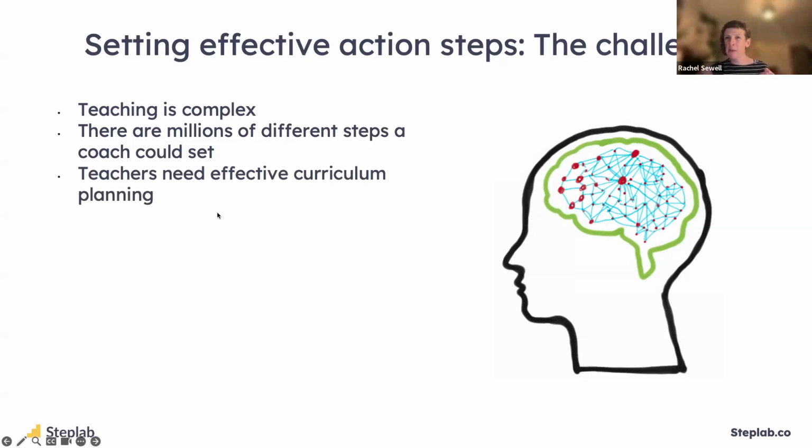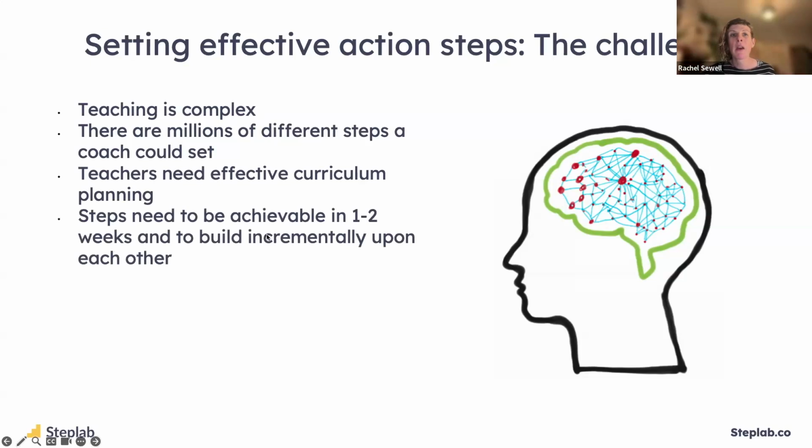So I've got to make sure that I'm not just jumping around and working on different things, but that my steps build incrementally on each other. Steps also need to be achievable in 1 to 2 weeks. So I can't just say introduce cold call because that's going to take me 6 weeks. It needs to feel really granular so that teachers get that sense of incremental progress.